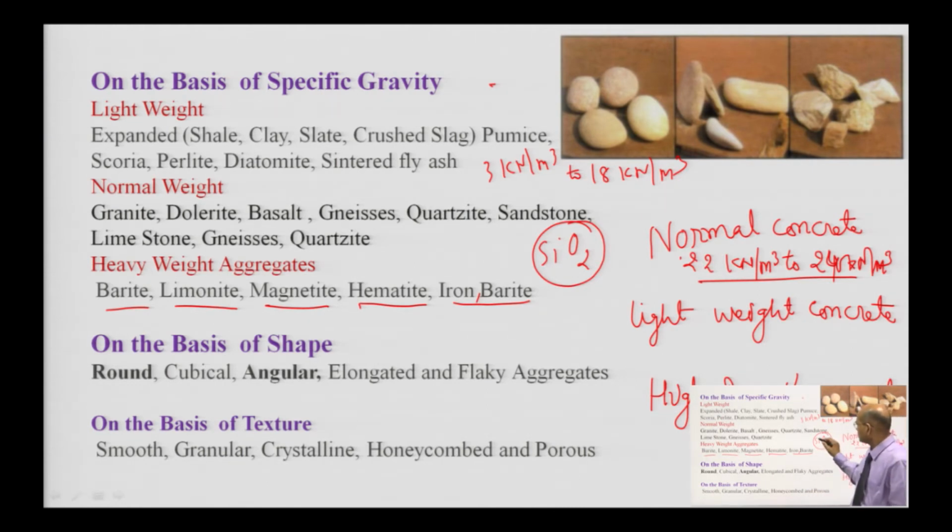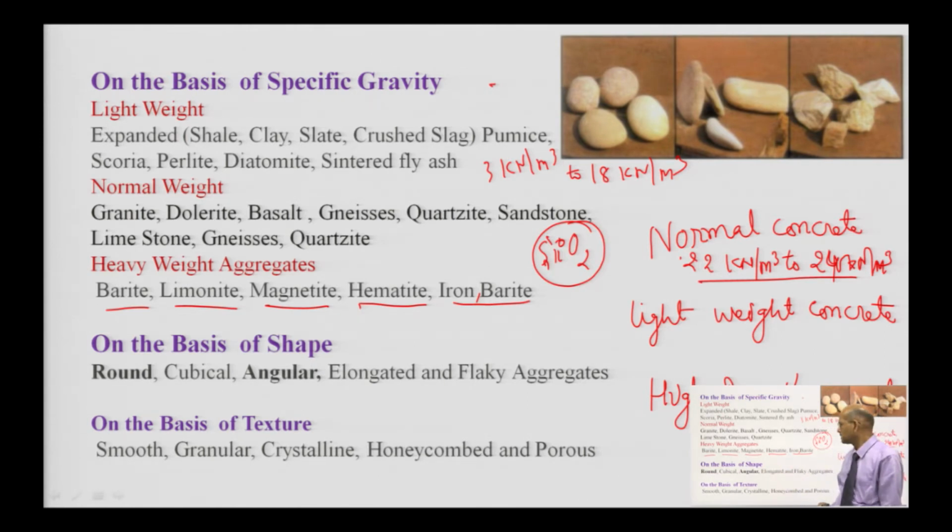So, the quality of aggregate depends on the mineral character. Mineral character is important, but shape is independent of mineralogy.